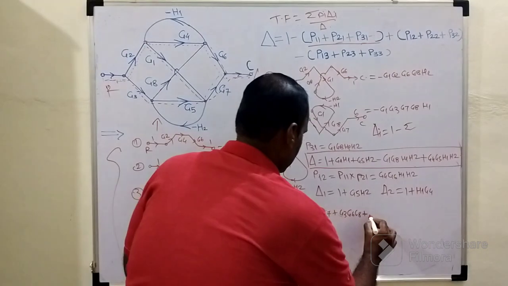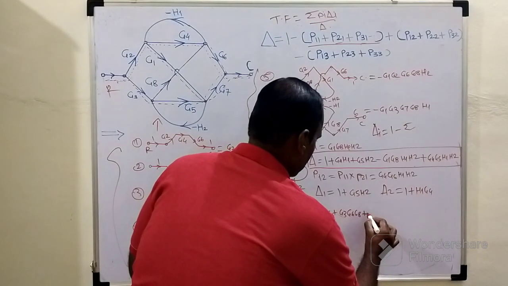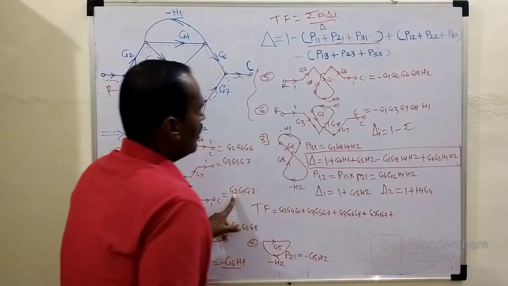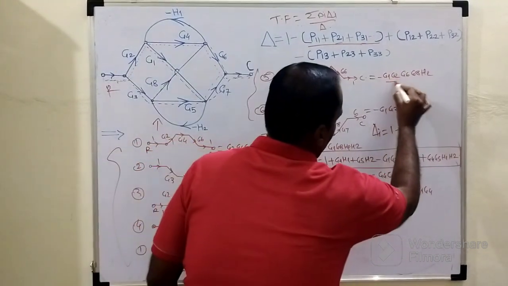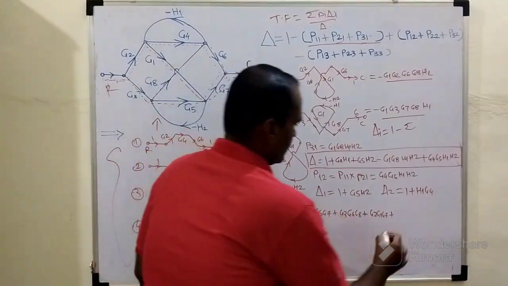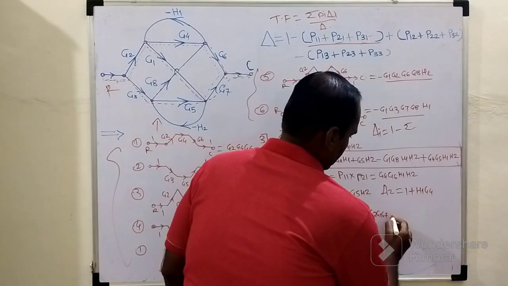One more gain is remaining, G2, G1, G7. This is the statement for forward path number 5 and forward path number 6.